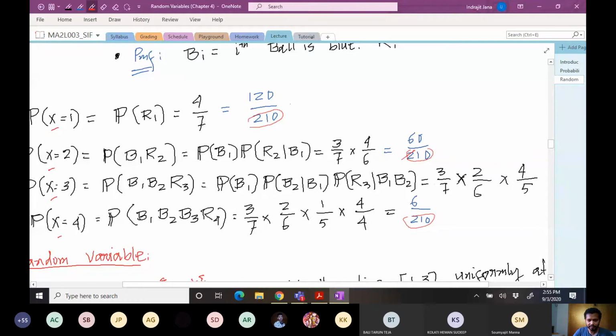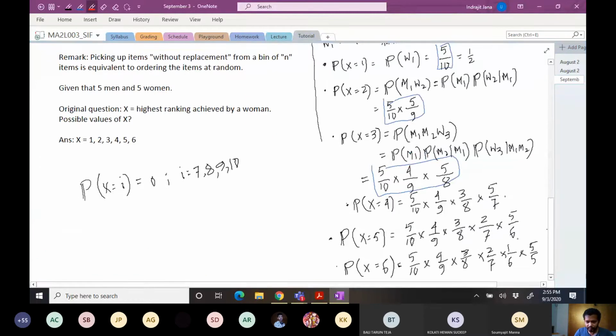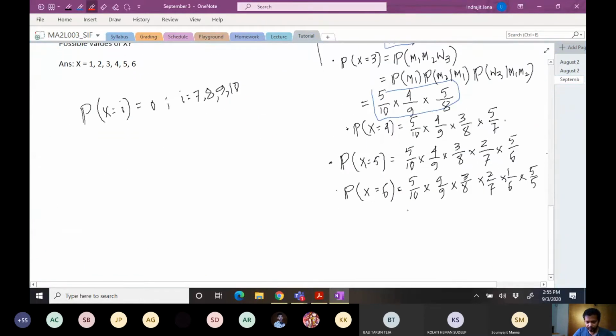So the way to calculate this is, you make a common denominator here. For example, write all the probabilities in this format. Write this so the bottom part is going to be 10 times 9 times 8 times 7 times 6 for all, right? And the top one is 5 factorial, and this bottom one is 10 factorial.